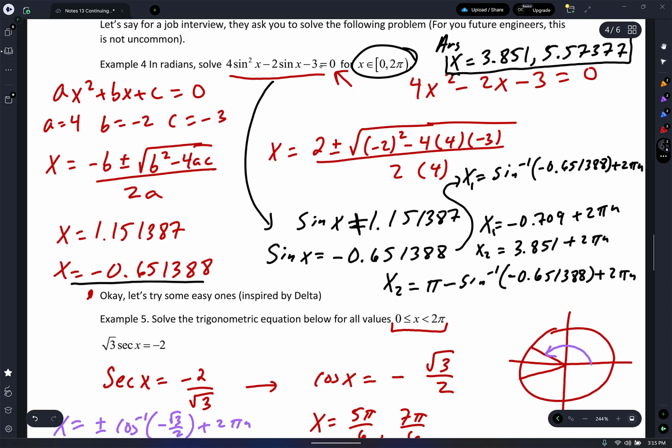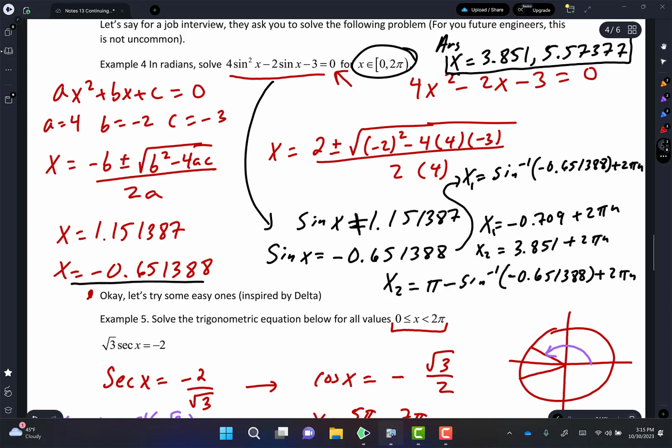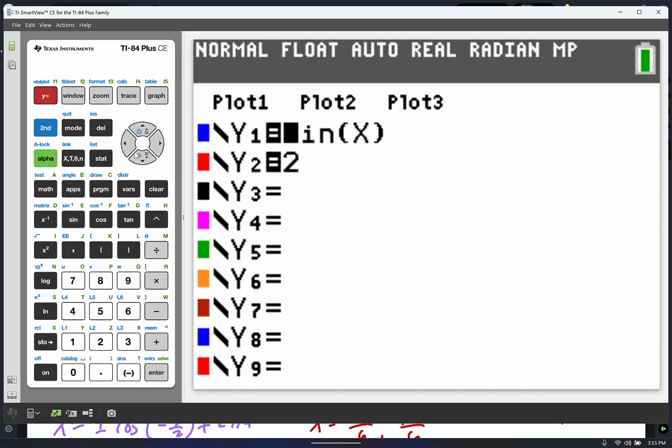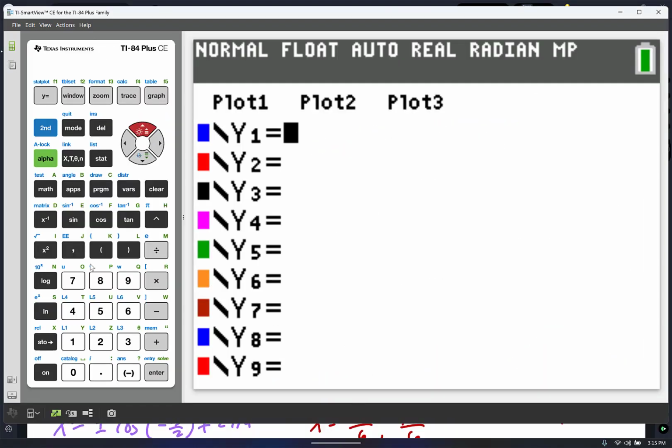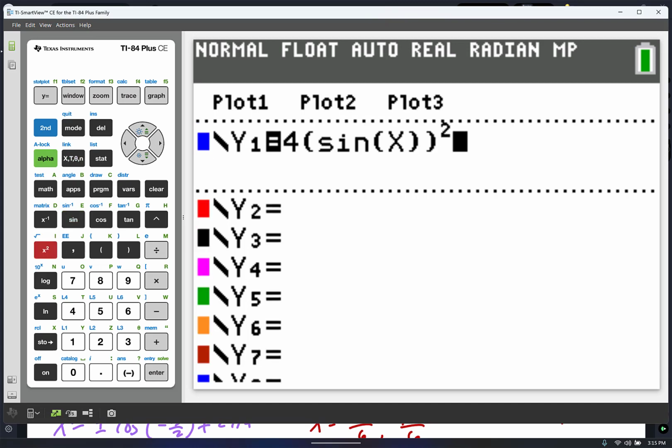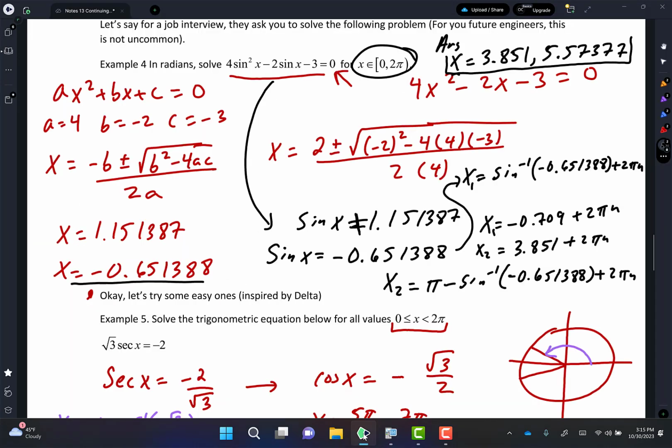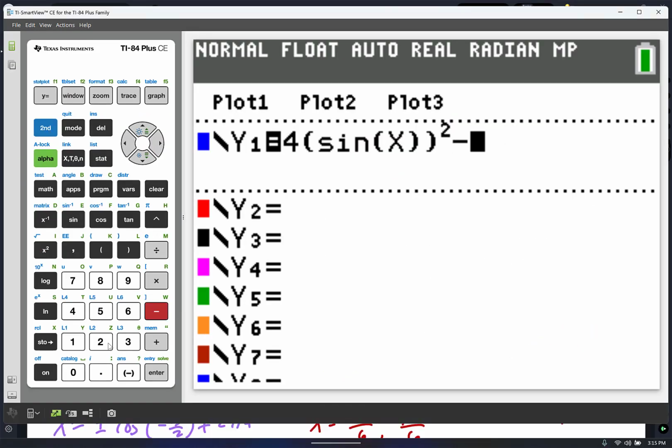Actually, this is a pretty cool curve. You're going to like it. Y equals, clear, and it equals 0. Yeah, you're going to like this curve. This is the cool one. 4 parentheses sine x, close it. This is how you put the square on it, squared. Minus 2 sine x, close it.